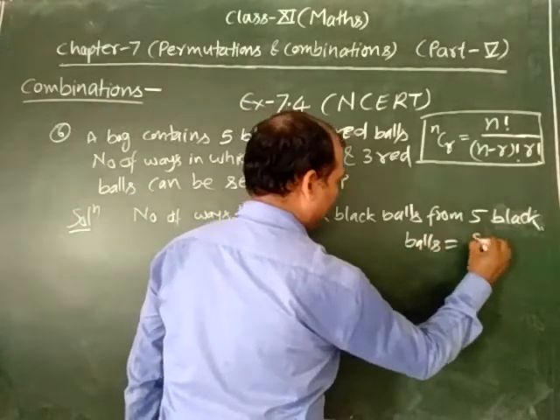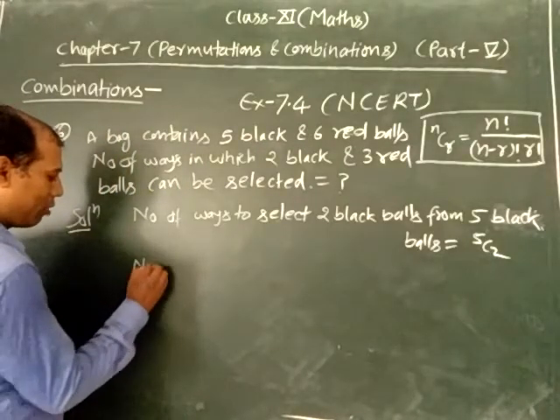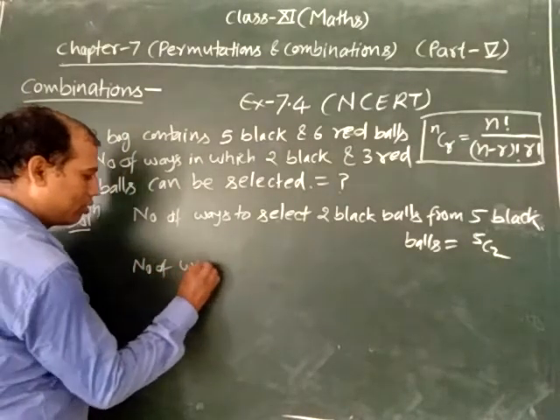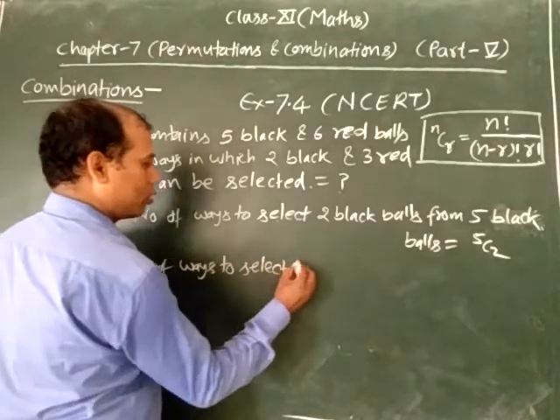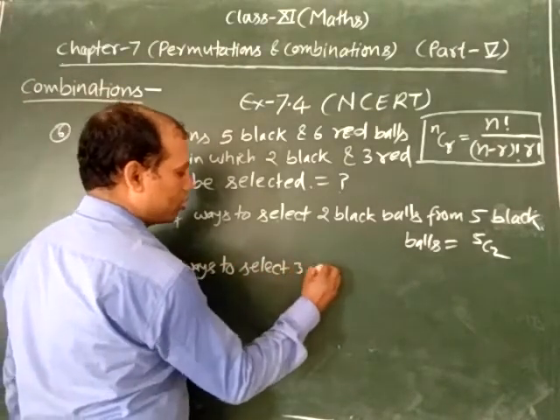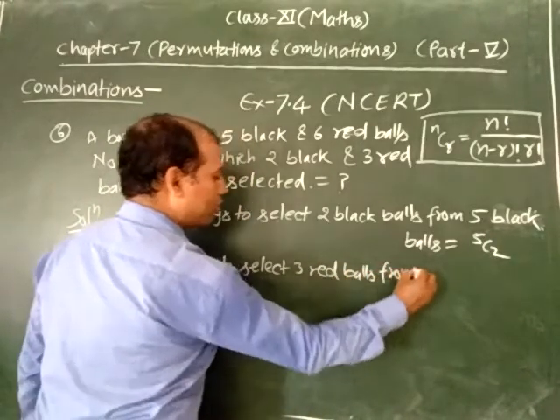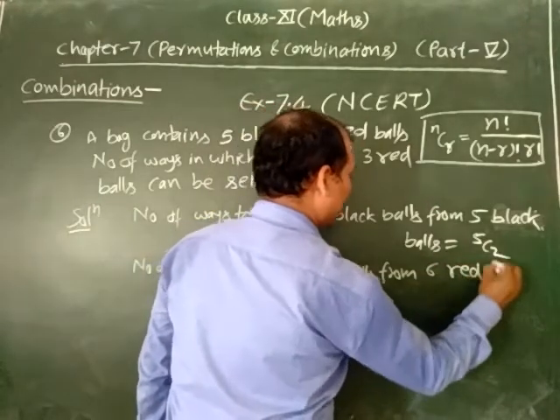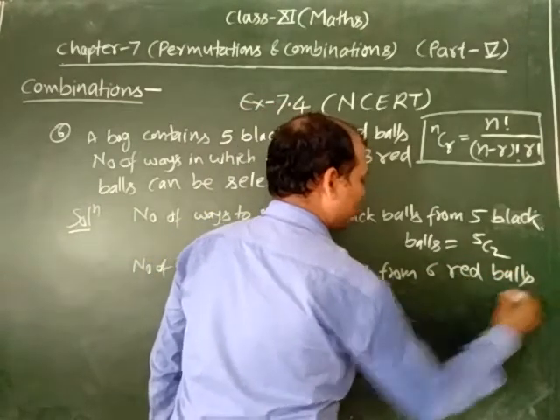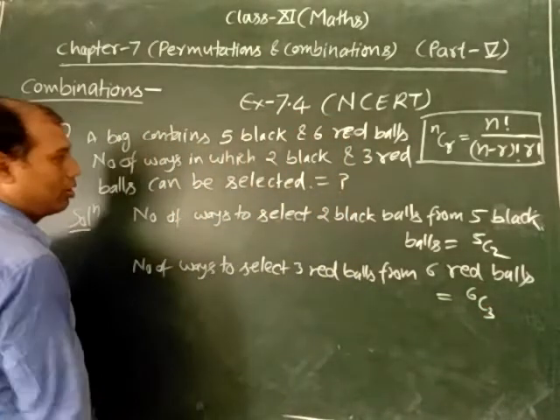is equal to 5C2, and in the similar manner, the number of ways to select 3 red balls from 6 red balls is equal to 6C3.